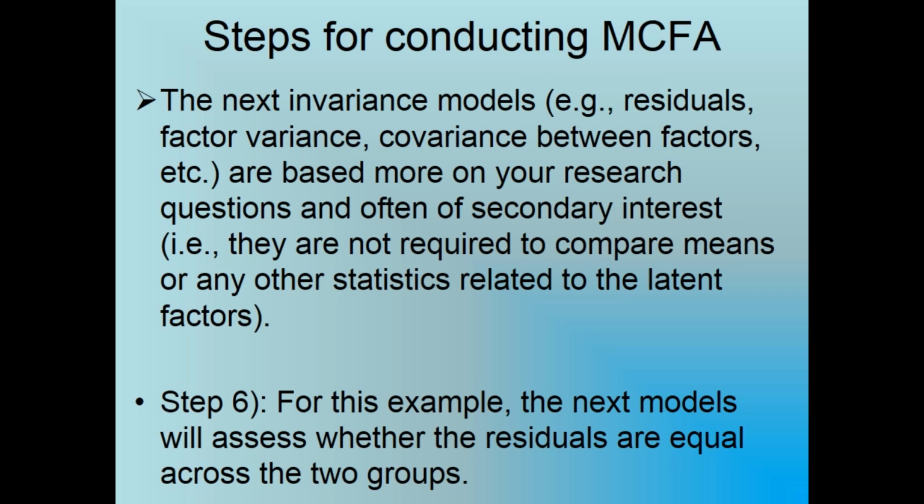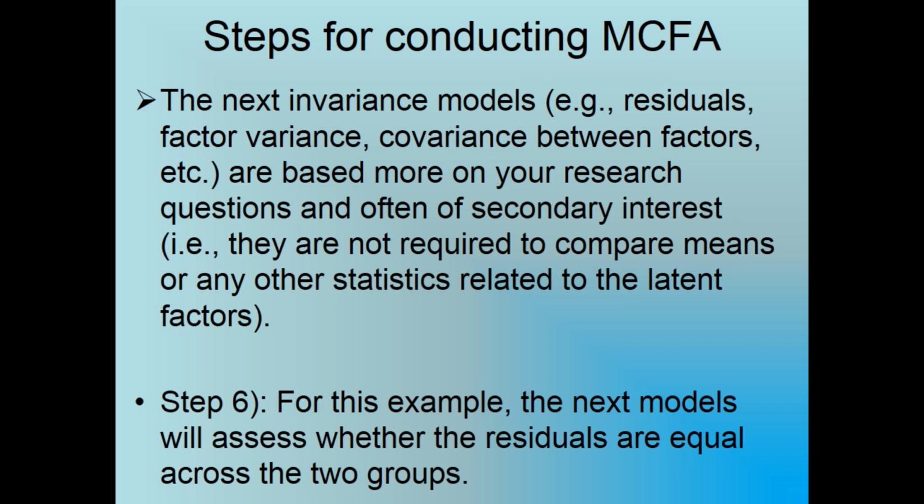However, for this class, at least this lecture, we're going to focus more on the factor loadings and intercepts. Later on, we'll show you how to actually compare path coefficients or structural coefficients and test whether those are equal across the groups. Nevertheless, our next model will focus on whether the error variances are equal across the groups, which again, you may or may not want to test.